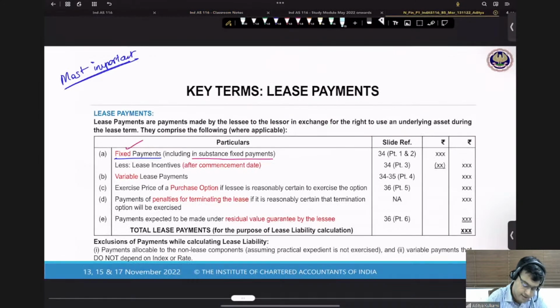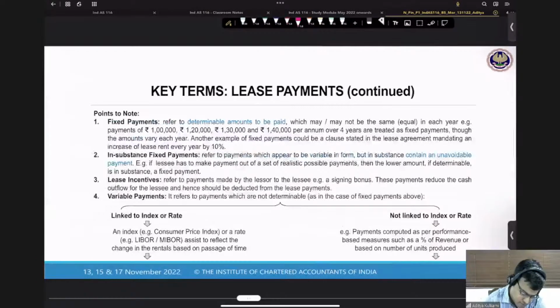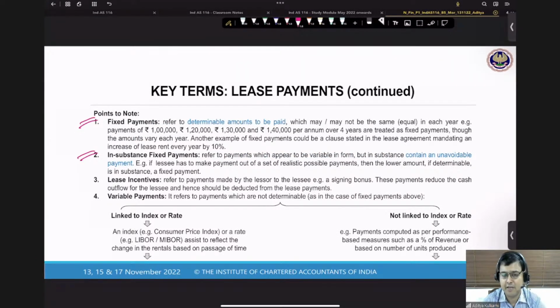So if you look at the calculation, there you go. Fixed payments including in substance fixed payments. Okay. For your ease, I'll be sharing this. I have also referred which slides, which points are covered. So 34, 1 and 2 deal with fixed payments and in substance fixed payments.